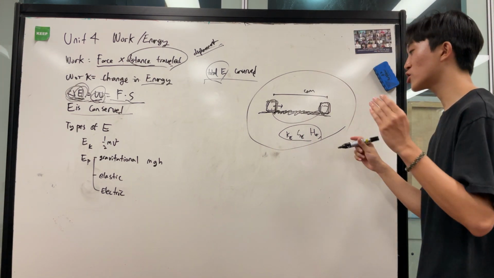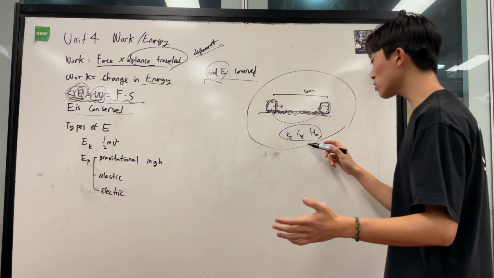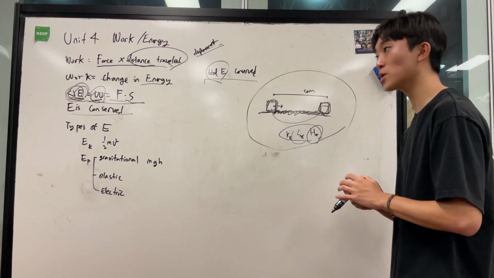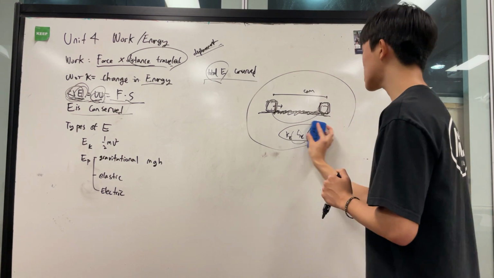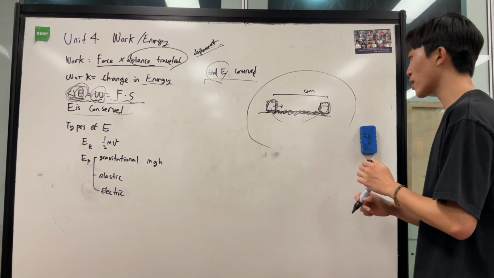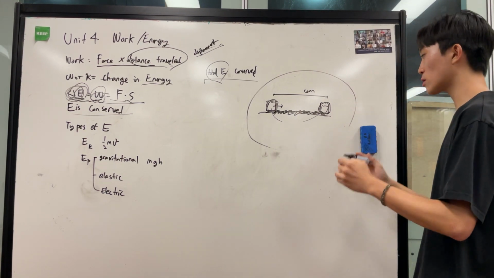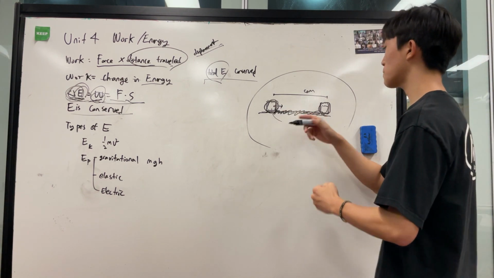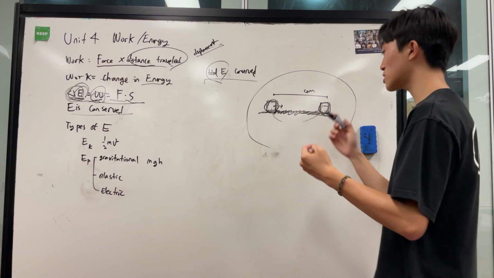Of course, you won't face a question that asks you to calculate heat energy and sound energy because that's extremely hard to calculate, but you will see some questions that ask where one energy transforms its form into a different energy. For example, kinetic energy changing to potential energy, or potential energy changing to kinetic energy.